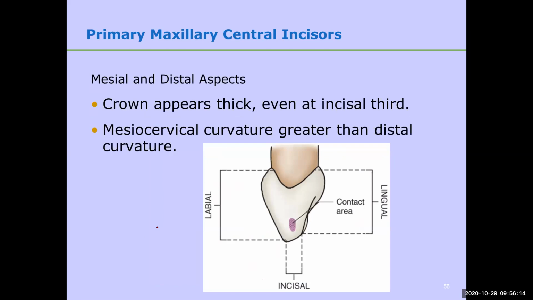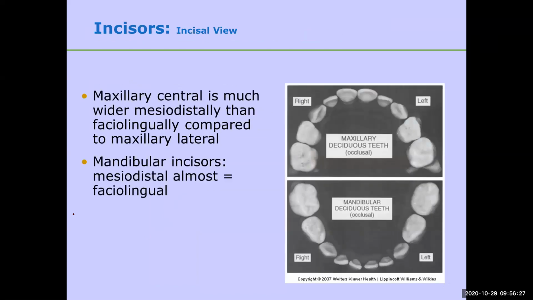The mesiocervical curvature is greater than the distal cervical curvature. That's yet another way of saying the mesial CEJ curves more than the distal CEJ. Maxillary centrals much wider.